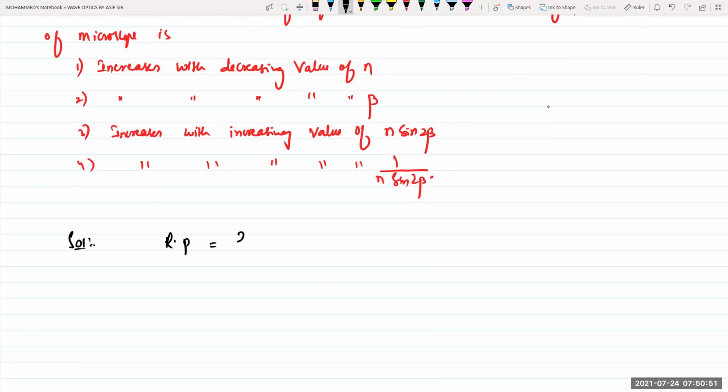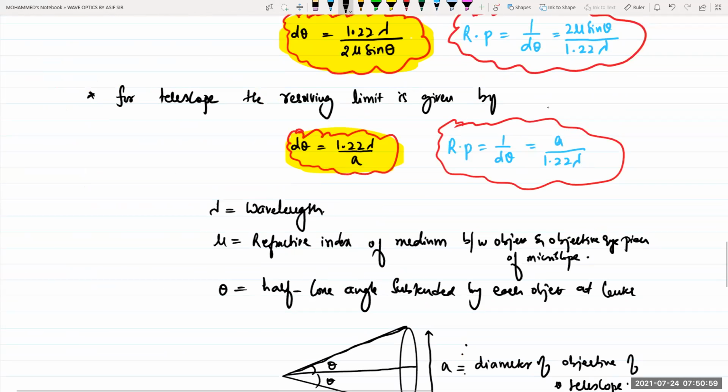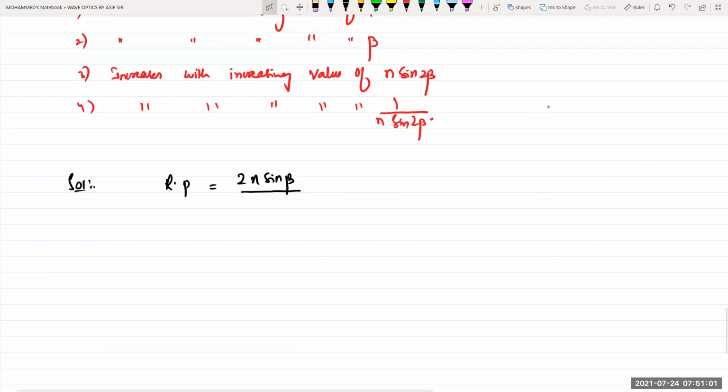That is 2 into n into sine beta, where n is the refractive index, divided by 1.22 lambda. So resolving power is directly proportional to 2 times n into sine beta. So I can write sine 2 beta will be equal to sine beta into cos beta.